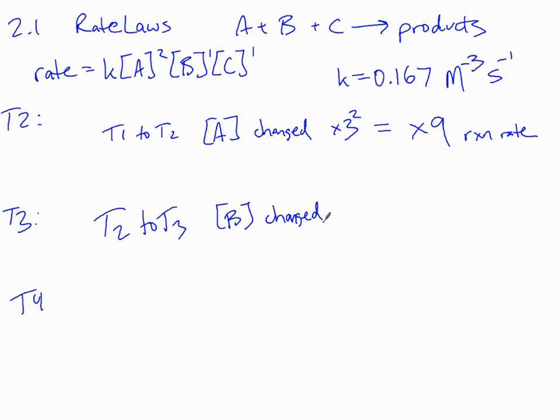The A was the same, the C was the same. This one went up. It's 9 times as much B as in the previous trial. And now compare the rates of trial 2 and trial 3. It was a times 9 reaction rate.